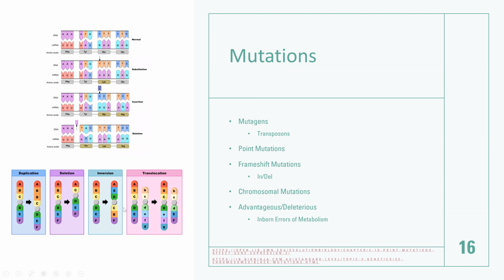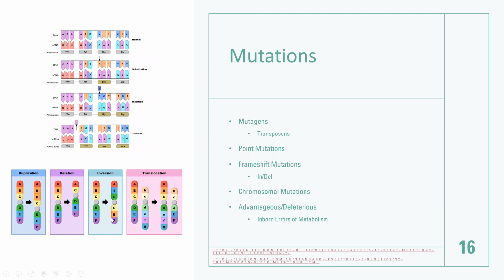When you have an inversion, you usually mess up the parts of the gene that are closest to each other. So you see where the gene A used to go into gene B, now goes into gene E. If there was something important in the middle, that part is completely lost. And there's two types of inversion, called paracentric inversion and pericentric inversion.